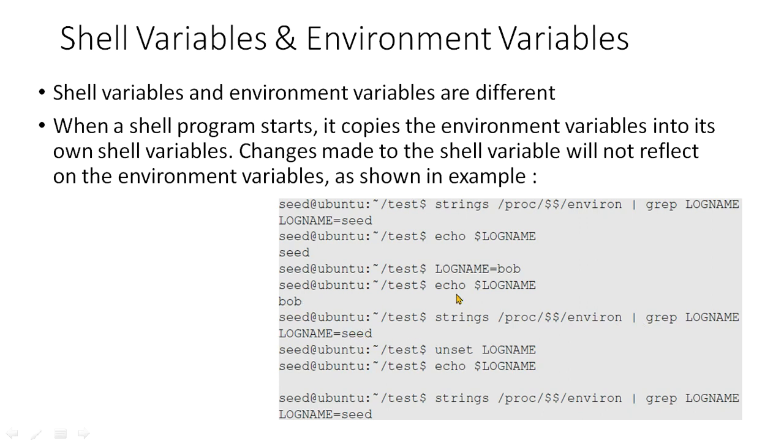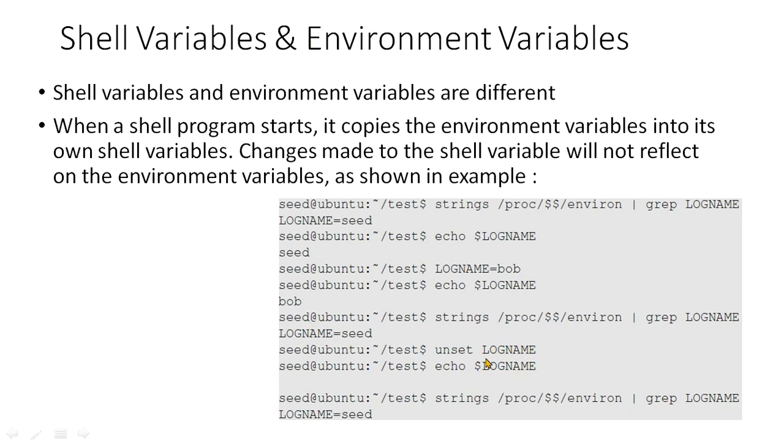Okay, it's strange, right? So we have two different variables. One LOGNAME is Bob and the other LOGNAME is seed. So that's why these two concepts are different. We try to unset LOGNAME, that means we try to remove this variable, and we try to see its content after removing it, and we have nothing. Good.